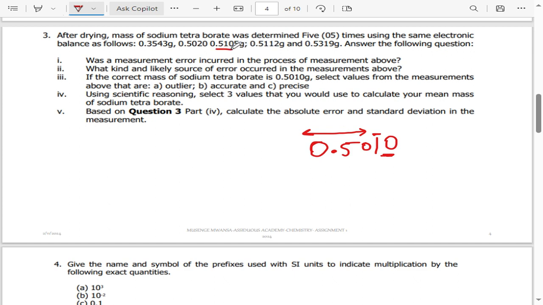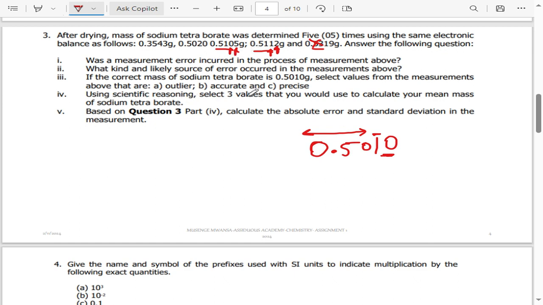Say 0.510, this is also 0.51. This is also 0.5. Now this is 0.53, so this can't be precise. At least the numbers we expect to be precise are 0.510 and 0.511, because those only differ in the last digits, 5, 1 here, 2 there, and then 1 and 0 here. At least those are precise.